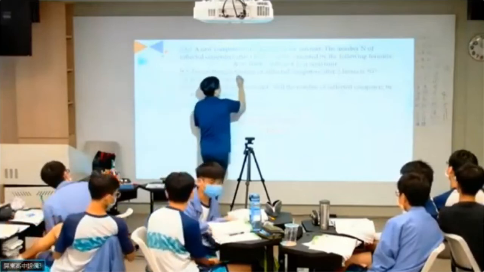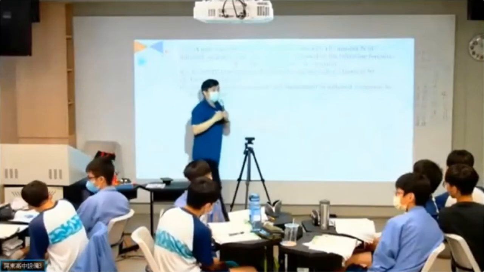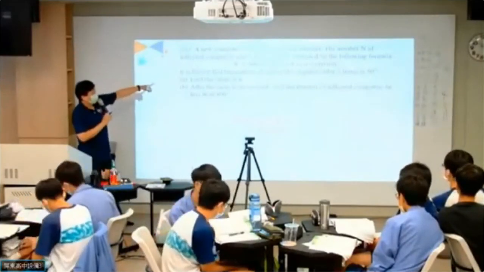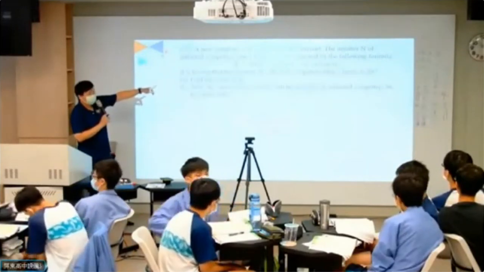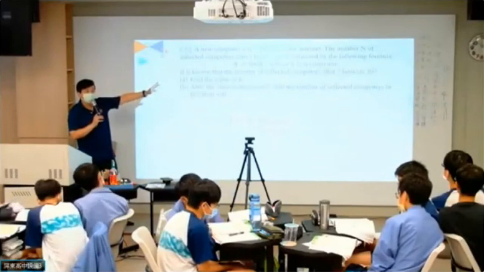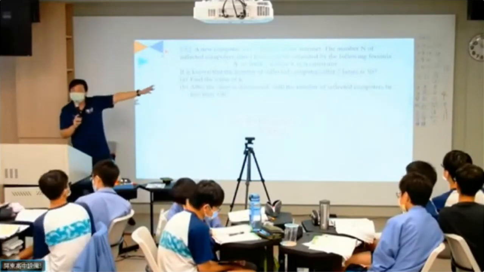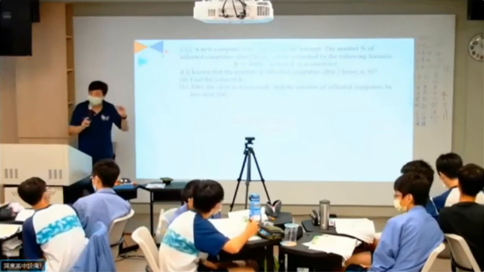This one here. It's the condition, right? It is known that the number of infected computers after 2 hours is 507. Okay, we should use these conditions to solve k.